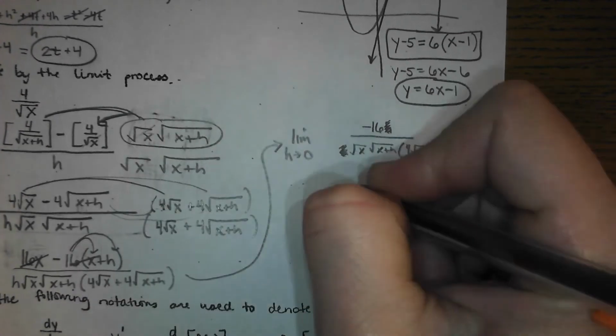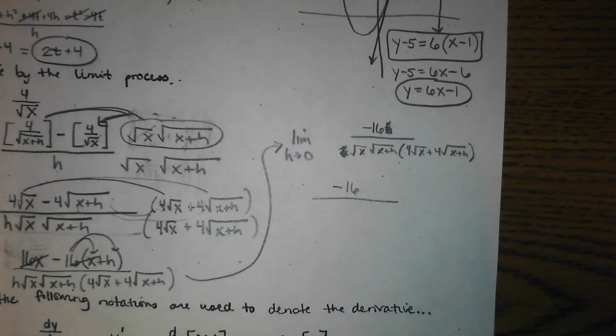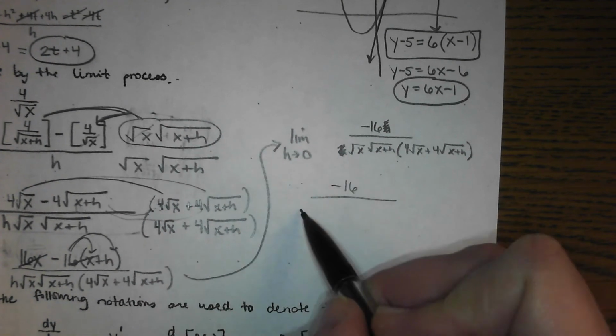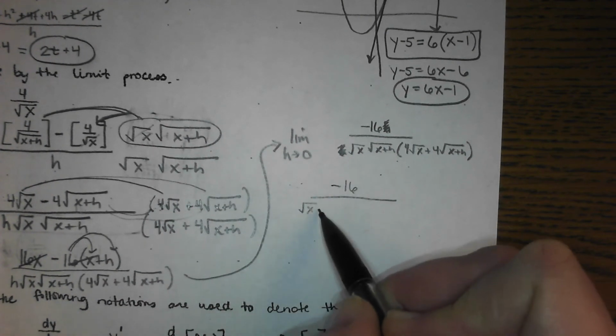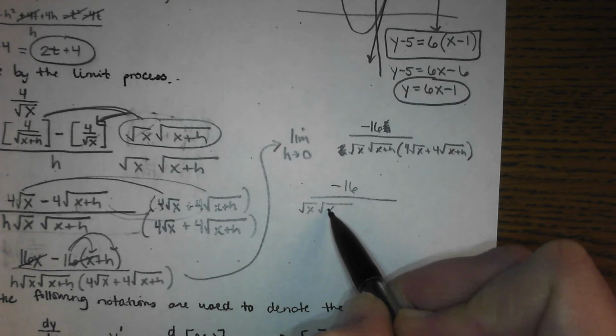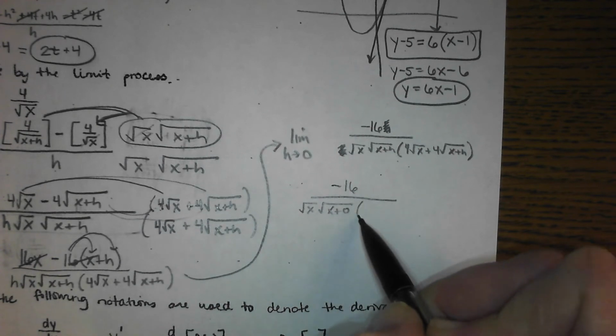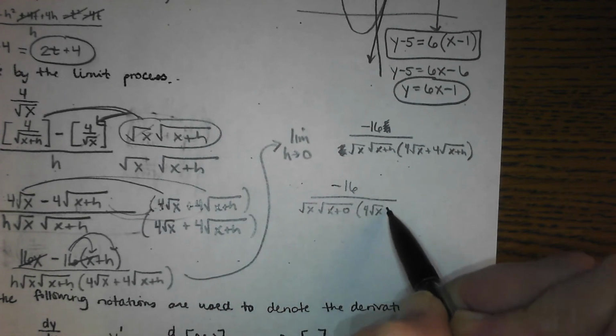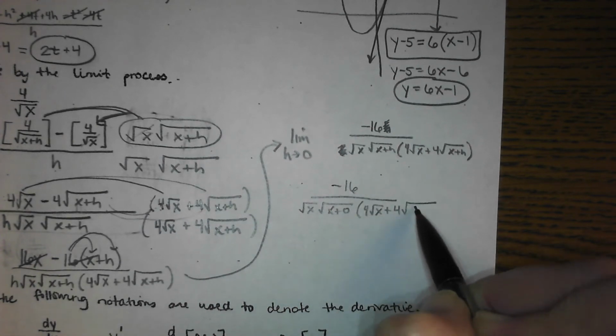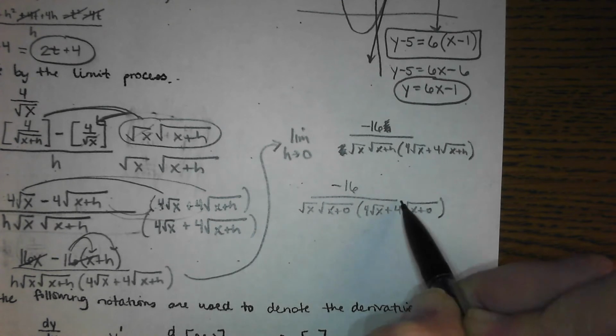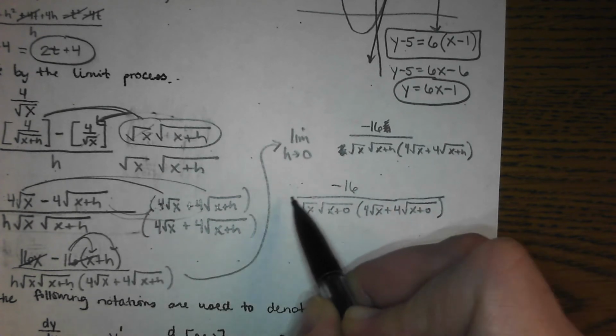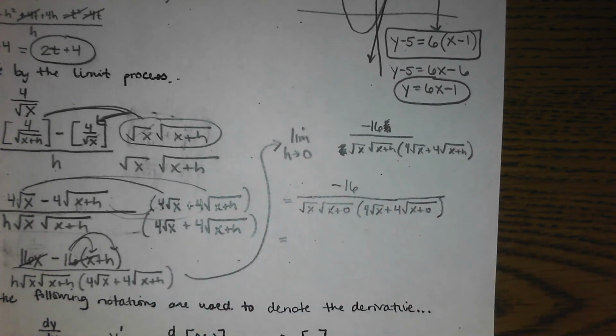So when we do that, we'll get negative 16 up top. Our denominator, just to show it all out, will be root x plus 0, parentheses 4 root x plus 4 root x plus 0. And I've taken off that limit as h approaches 0 because I've already plugged in 0 for h.